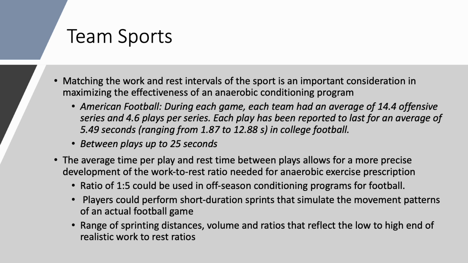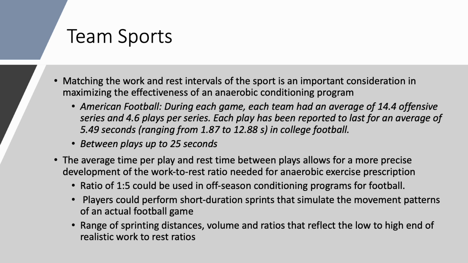So the conditioning program for football would potentially be based off of the average time per play and rest time between plays, allowing for more precise development of a realistic work to rest ratio needed for an anaerobic program. Therefore, a ratio of 1 to 5 could be used in off-season conditioning.